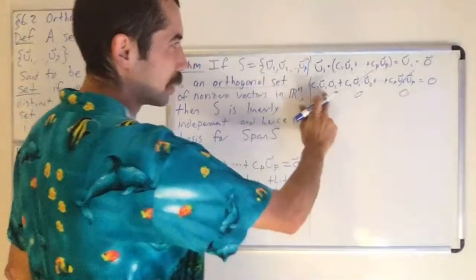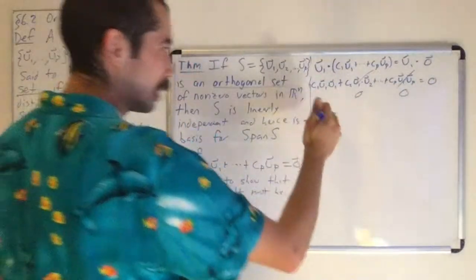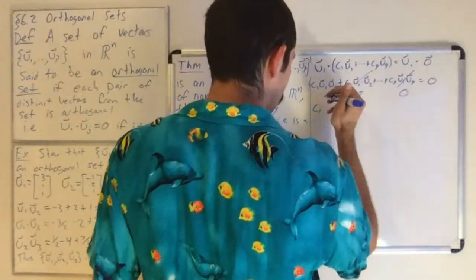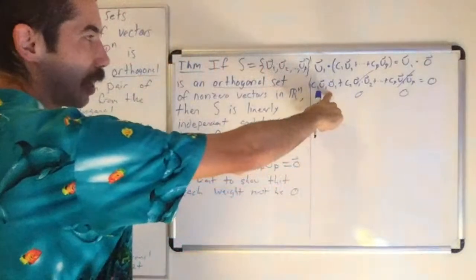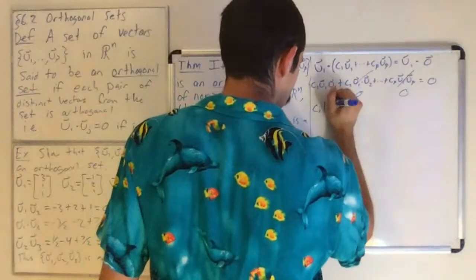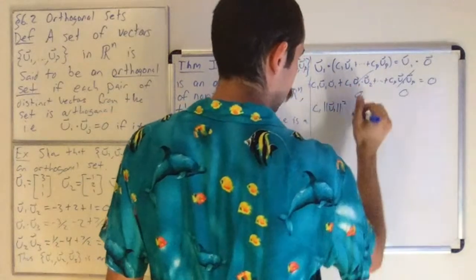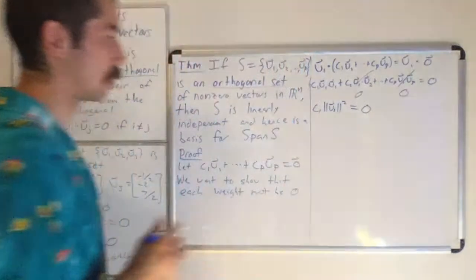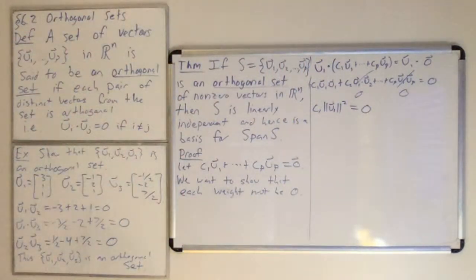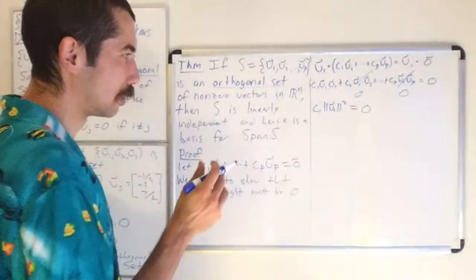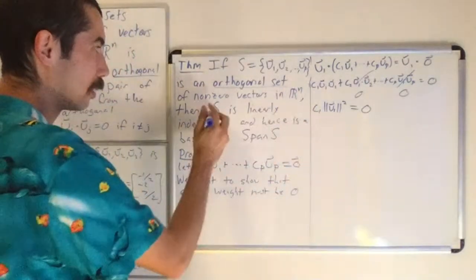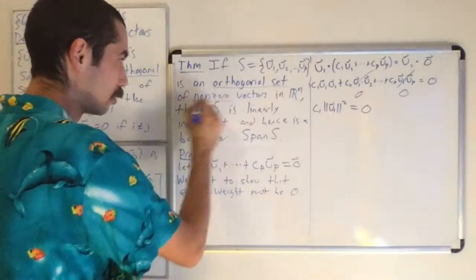Yeah, so only a u1 would be left. So what we have on the left-hand side, all these terms go to 0. We're left with c1 times u1 dotted with u1, which is the magnitude of u1 squared, is equal to 0. And note that all of our vectors are non-zero.